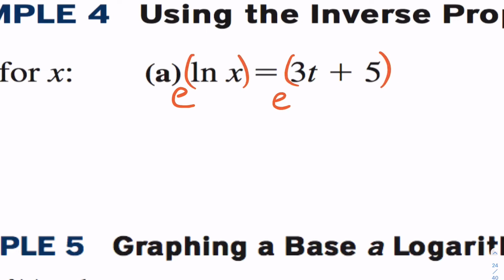This is called exponentiating my function. So e to the ln of x is just x. And then on the other side, I have e to the 3t plus 5 as a whole. And I'm done. I've already solved for x.